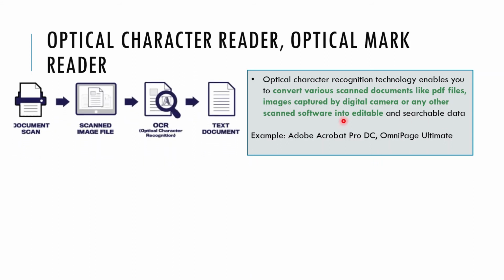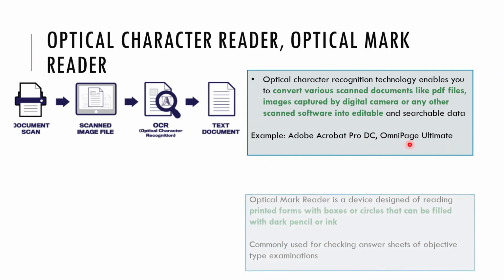Imagine you got a scanned document from your friend or someone and you give that as an input to the OCR and it converts it into a text document which is editable, or if you want to search any specific text in that data, you will be able to search that. So this is how OCR works. Examples are Adobe Acrobat Pro DC and OmniPage Ultimate.